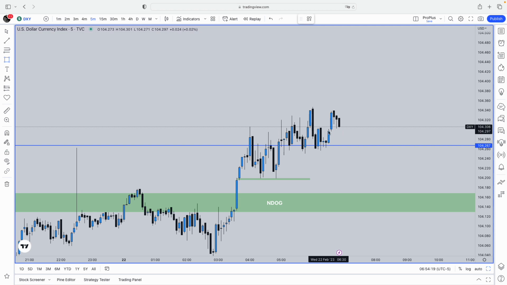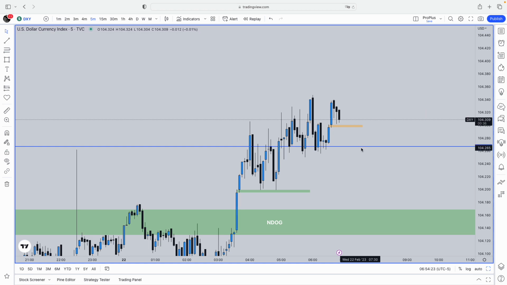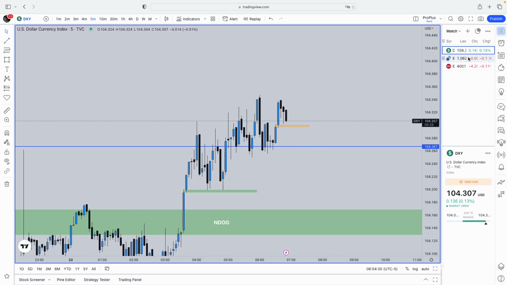Volume imbalance there. So if dollar's trading lower, this would push EU higher.